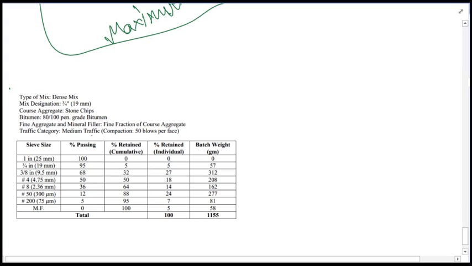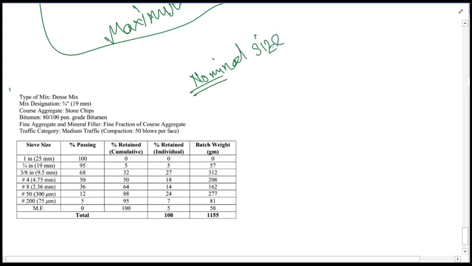So there are standard sieves. What is the nominal size? The nominal size is the designation. To designate this particular aggregate sample, we use the nominal size.